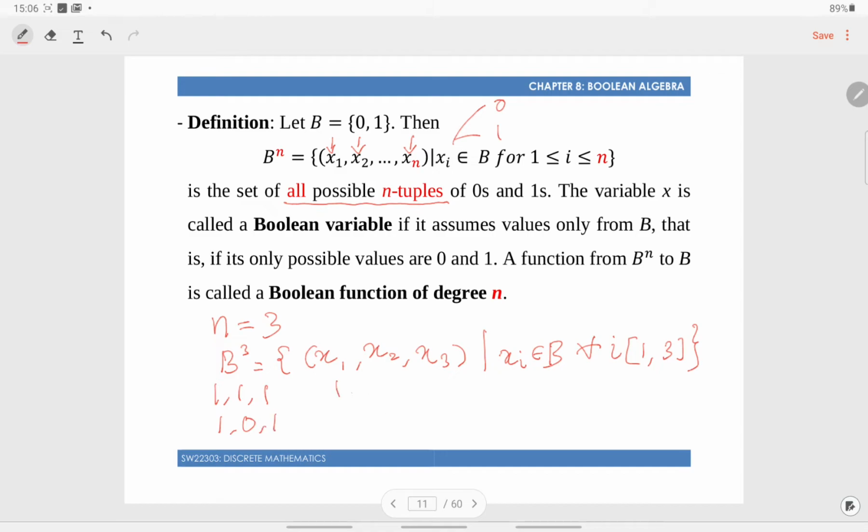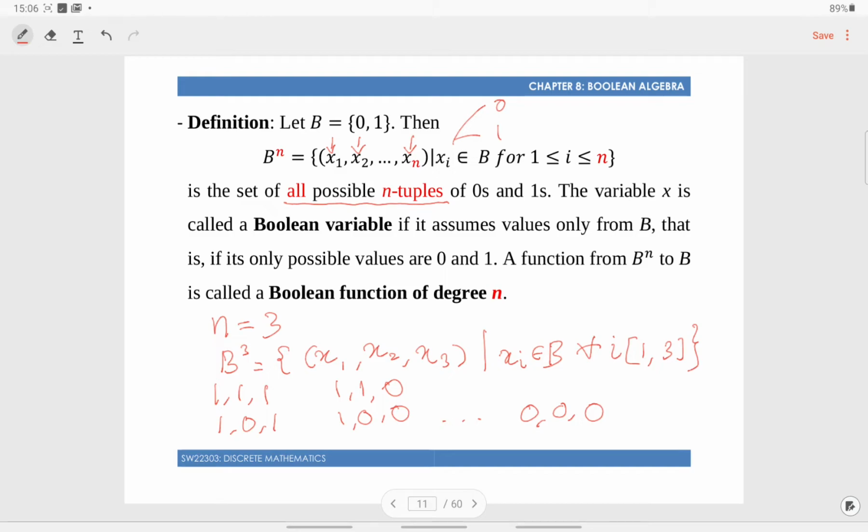What else? (1, 1, 0), (1, 0, 0). Okay, all the possible combinations of 0 and 1 in the form of 3-tuples, all the way up to (0, 0, 0). Alright, so that is the set B3.